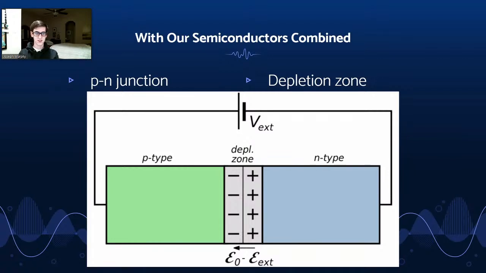So once enough electrons have been exchanged, no more will be able to move from n to p, from the n-type to the p-type semiconductor directly, at least, because of all the static charges in the depletion zone.